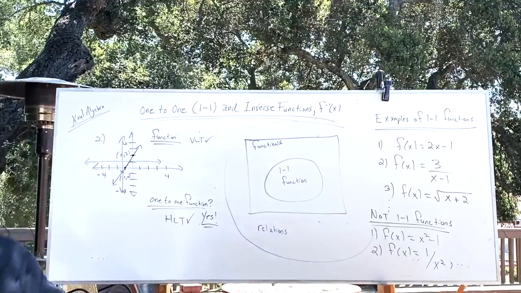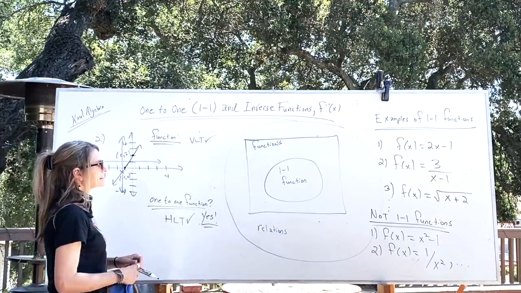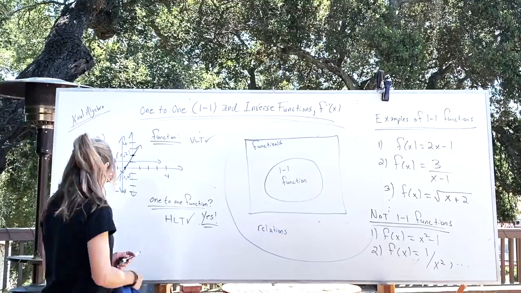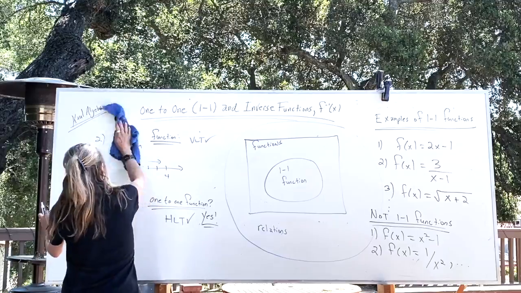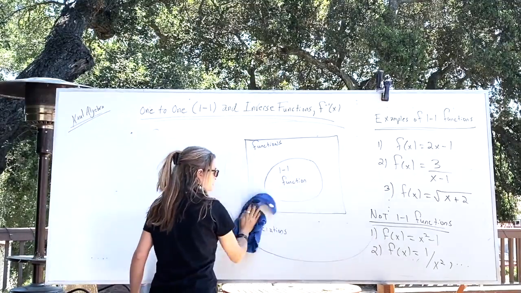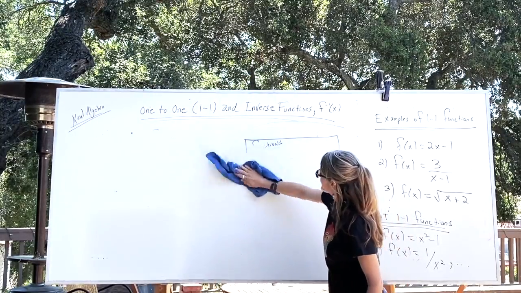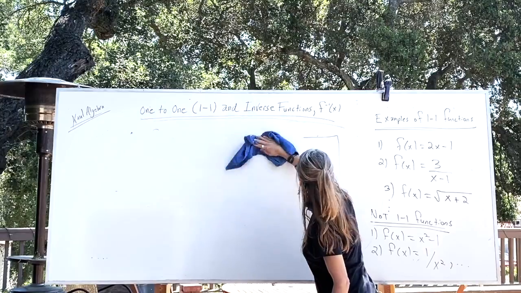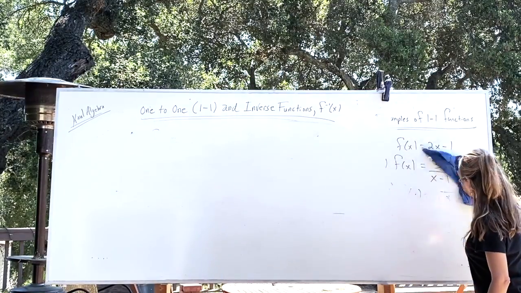Okay, so now that we know how to identify a one-to-one function, what we want to be able to do is look at some of these special properties of one-to-one functions. When we know what type it is in math, then we could apply certain rules and conditions based on its definition.